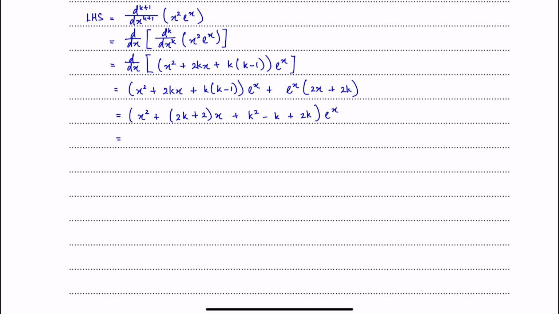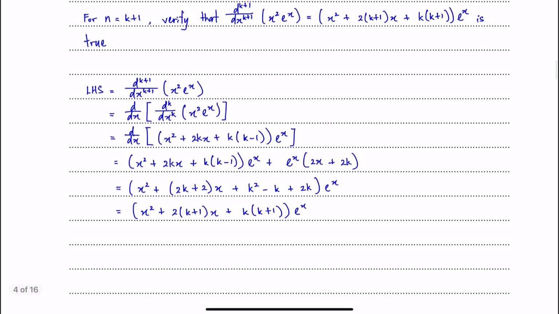And we can simplify it to x squared plus 2 times k plus 1 x plus k plus 1 e^x. And this is just this. So we found the exact form that we want. So we can also write that it's equals to the right hand side.